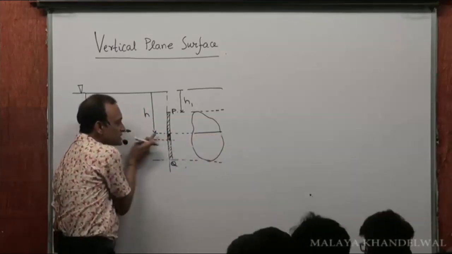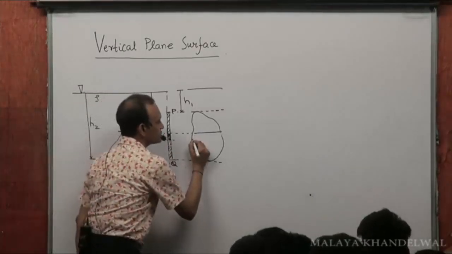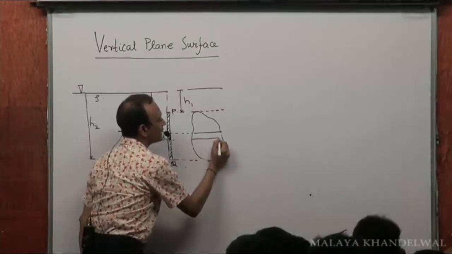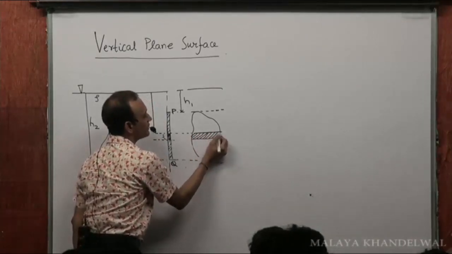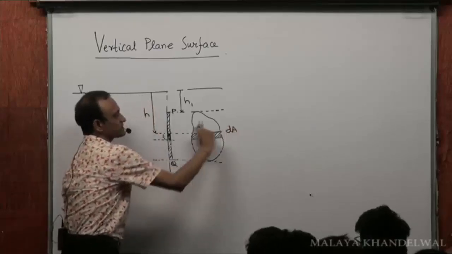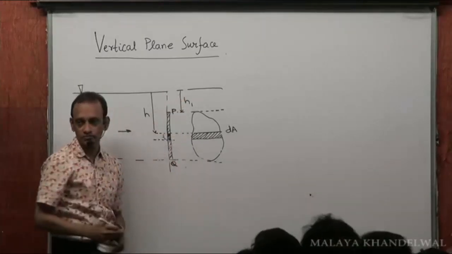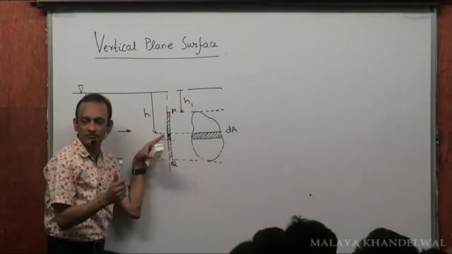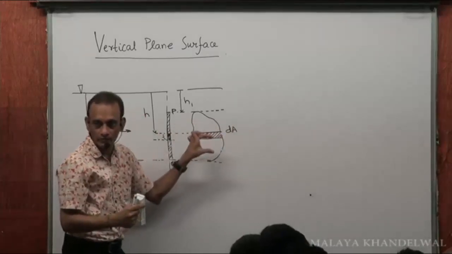That means when you see this small element from here, you see an area dA. Yes or no? This is the area dA that you see for this small element at a depth h. From this side you'll see a strip of area dA, right?